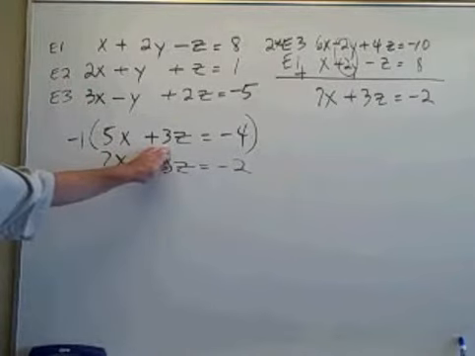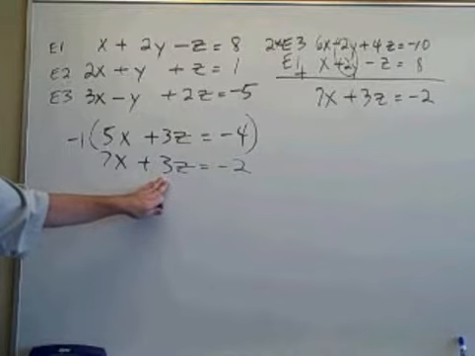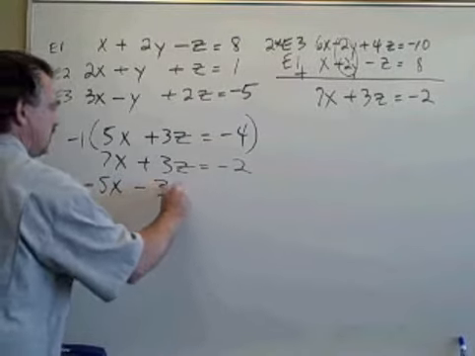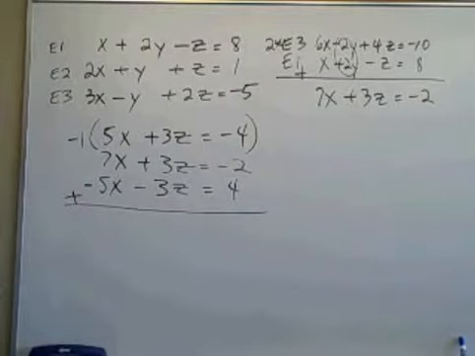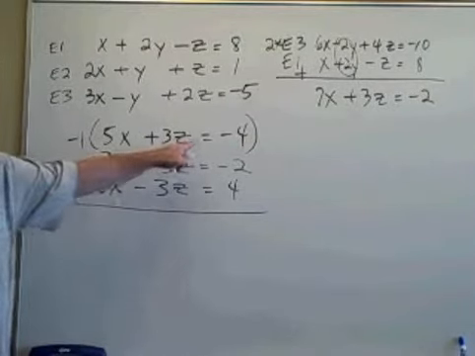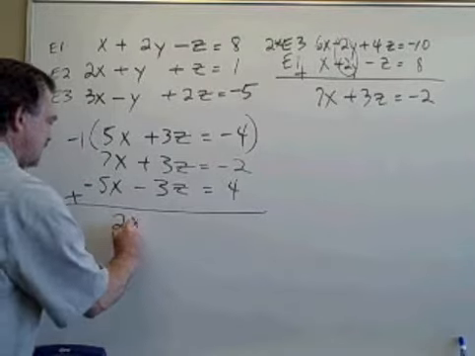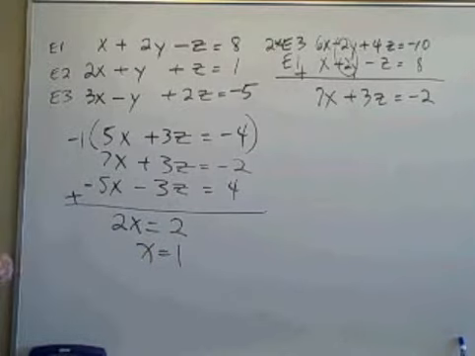That will make this coefficient minus 3z, and when I add it to plus 3z, the z's will disappear because those are additive opposites. So we'd have minus 5x minus 3z equals 4 when I multiply this equation by negative 1, and so now we have 2x equals 2, x equals 1.